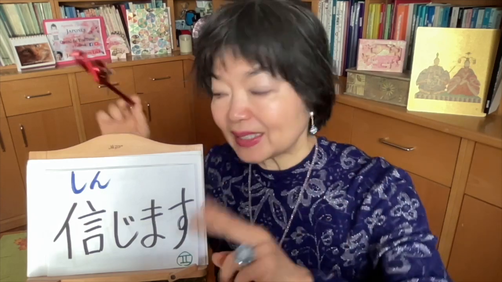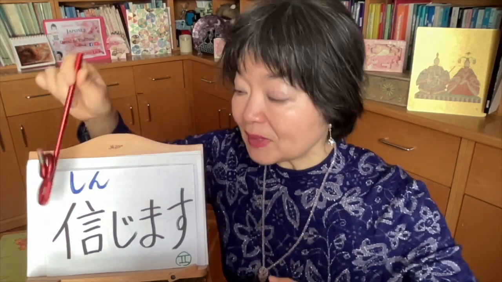So you must write 2, the second group. And the third thing, you must change it into the potential verb. As you know, this is the second group, so 信じられます. And the fourth, you must write the meaning in English. 信じます means to believe. 信じられます, can believe.